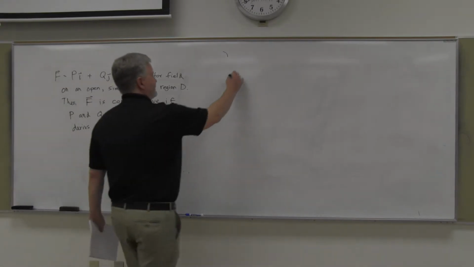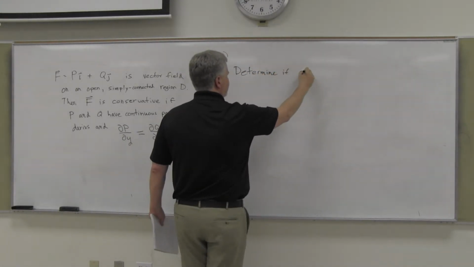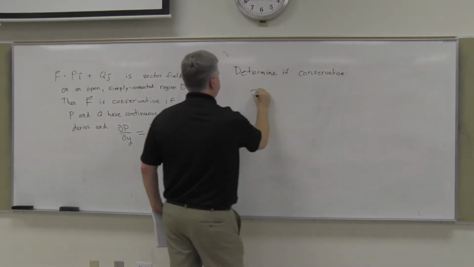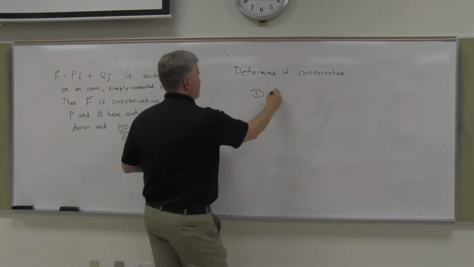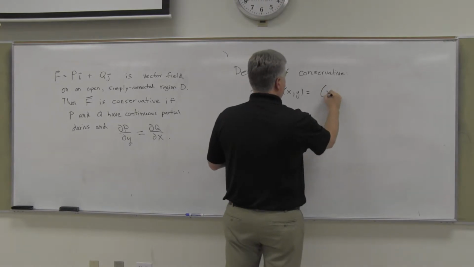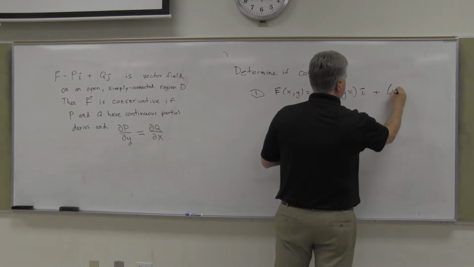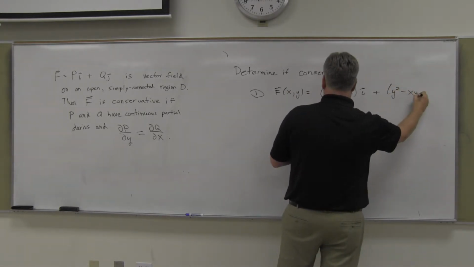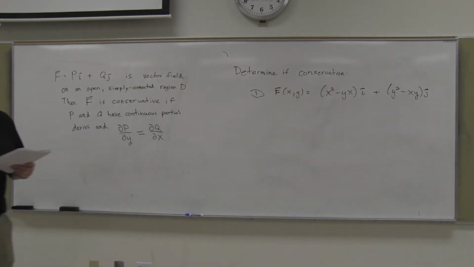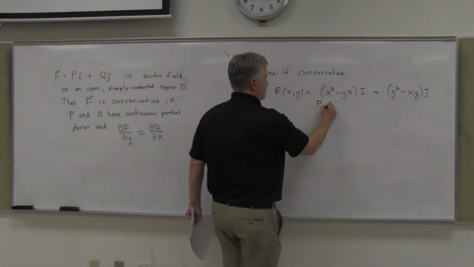All right, so let's determine if these are conservative. Number one, F of x y equals x squared minus y x, I, plus y squared minus x y, j. Here P is the first one, Q is the second one.